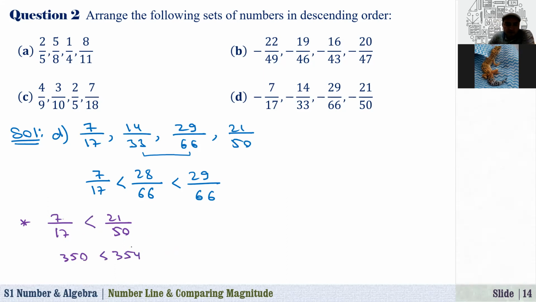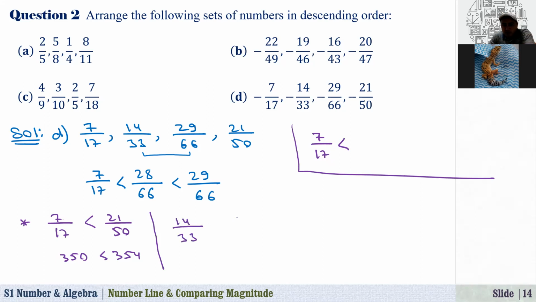So now, we know that 7 over 17 is the smallest. Let me just write my final answer here. All right. So now, how about if you compare this with 14 over 33? So this 14 over 33 and 21 over 50.